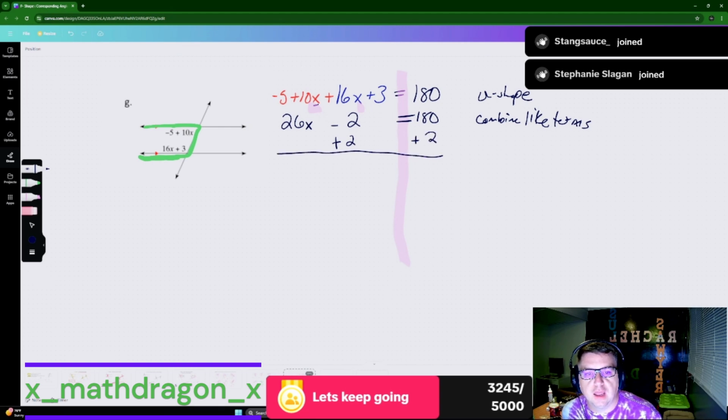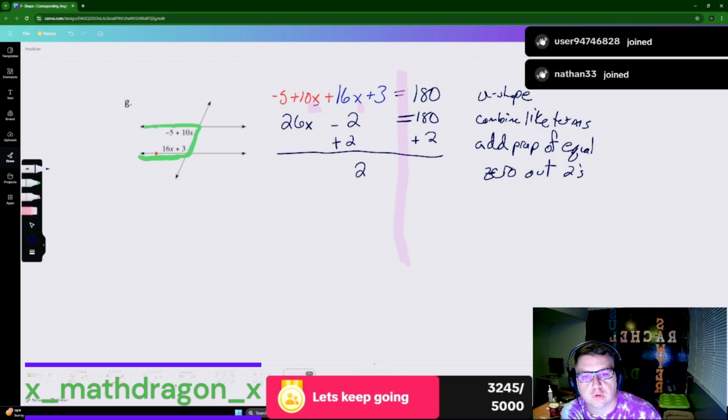Add 2 to both sides. I'm trying to zero out the 2's. So I get 26x equals 182.